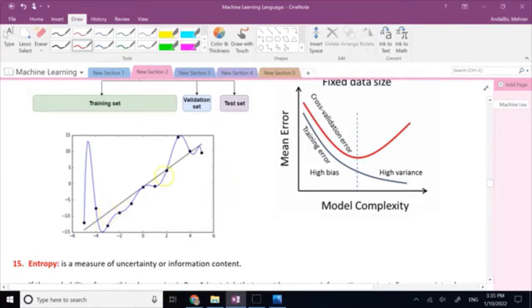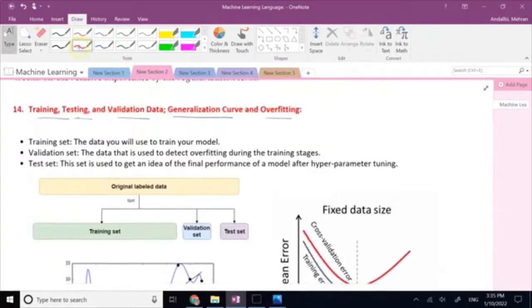Well, if instead of a line you use a higher order polynomial, this higher order polynomial has a lot of oscillations, as you see in the blue curve. And when it has a lot of oscillations, right, you used all of these 10, 11 circles, which we call training data. We use all of those to train.